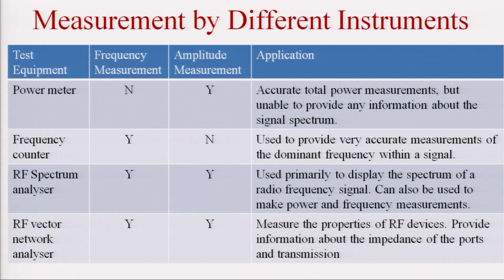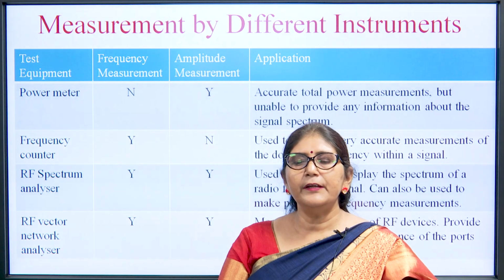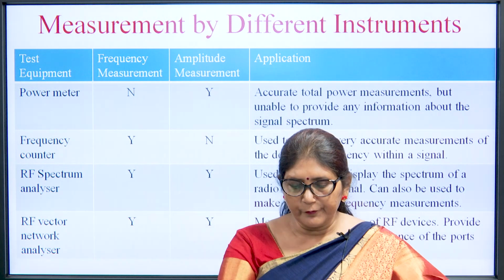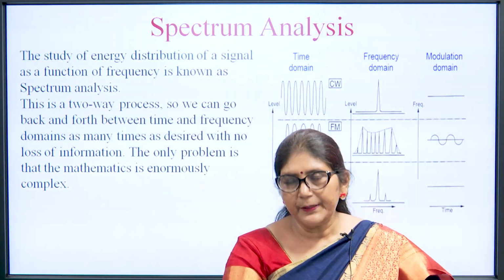Similarly, the RF spectrum analyzer is used for the measurement of frequency as well as amplitude. The RF vector network analyzer lets us examine the RF properties of an RF device, and it also measures the frequency and the amplitude of the signal. It also provides information about the impedance of the ports.